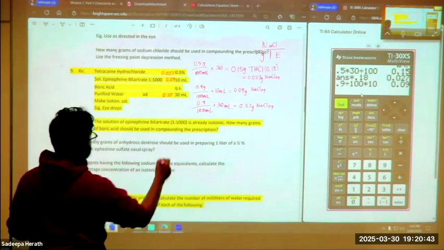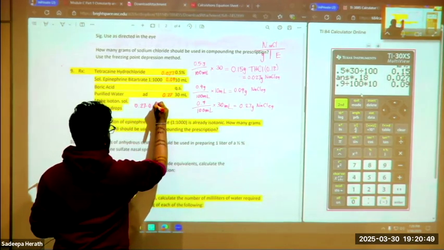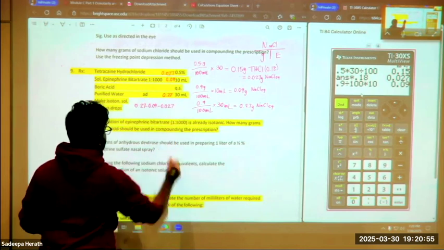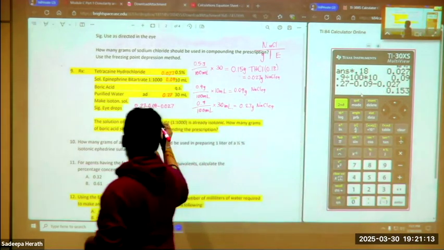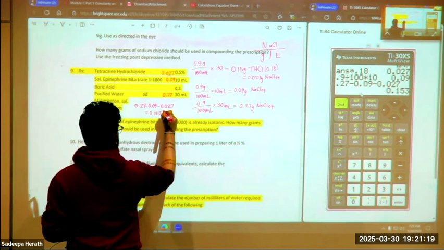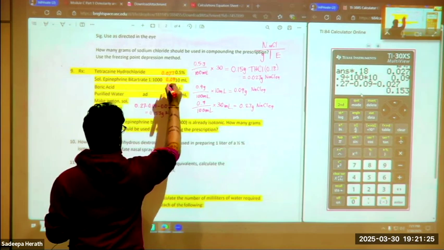Now we just subtract to find what's desired. 0.27 minus 0.09 minus 0.027, 0.153 grams of the NaCl equivalent of boric acid.